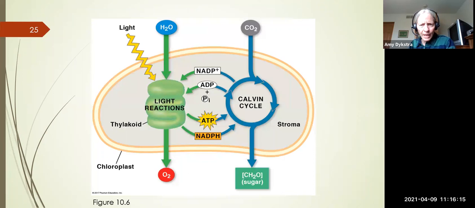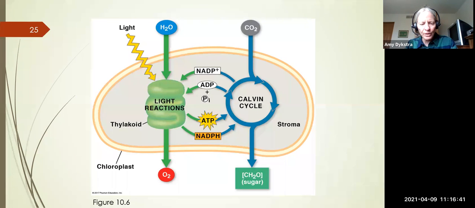Remember the process of photosynthesis has both the light reactions and the dark reactions, and the light reactions happen in the thylakoid membranes. The Calvin cycle, which we will get to in a few minutes, happens in the stroma, which is the liquid part outside of the thylakoids.